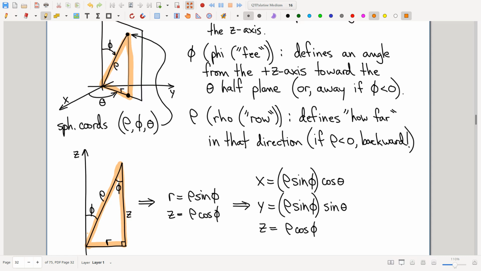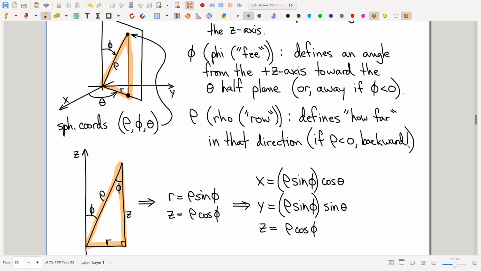We've already decided that we have to swing around, theta has to be a certain value to define a half plane that actually includes the point that we want. Then I need to define a direction that literally gets me to that point. Phi is the angle that says how far toward that theta plane you have to rotate to get to a direction that gives you that point. Is that cool? So this down here is just kind of a visual aid.